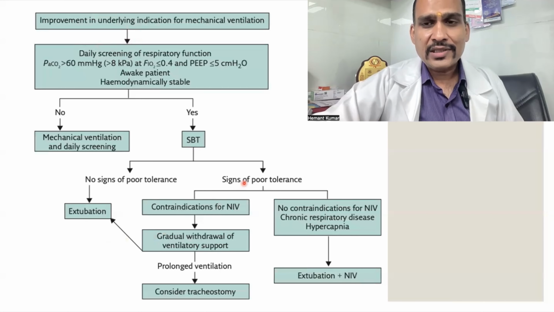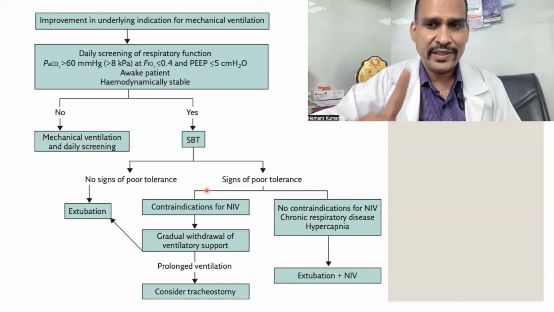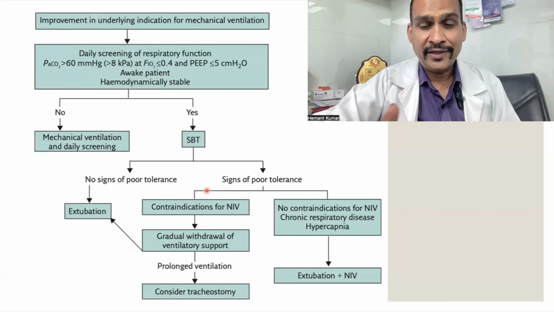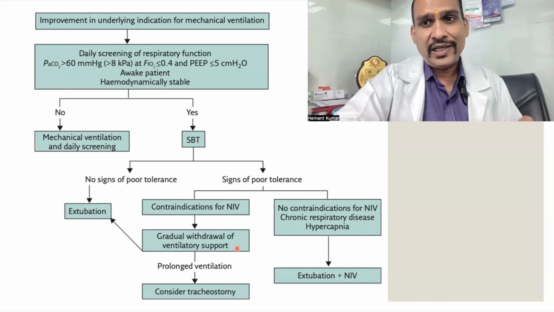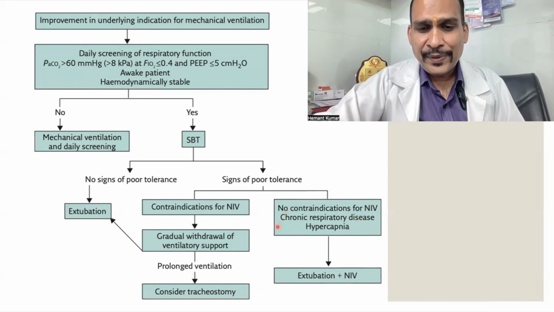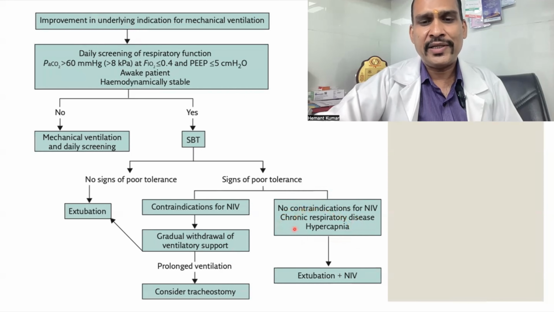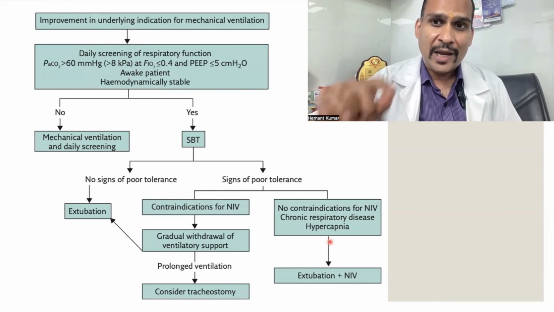The problem is if the patient is not able to tolerate the first SBT trial, mind it, the first SBT trial, then we have to assess whether we can give NIV or not. If there is no contraindication for NIV and the patient has chronic respiratory disease or hypercapnia, mind it, the patient should have chronic respiratory disease or hypercapnia.